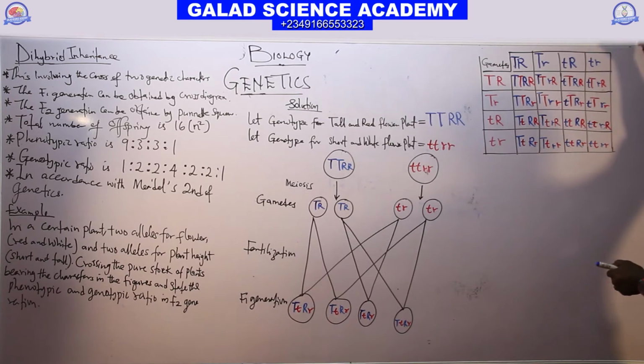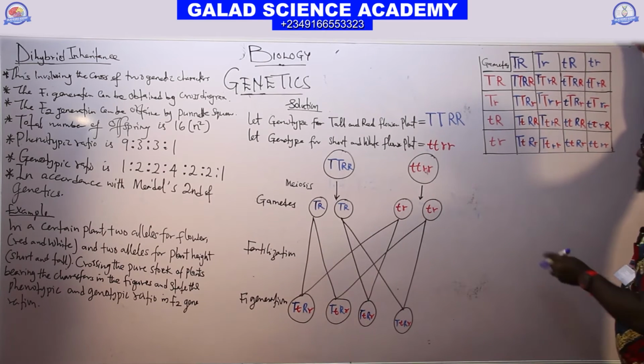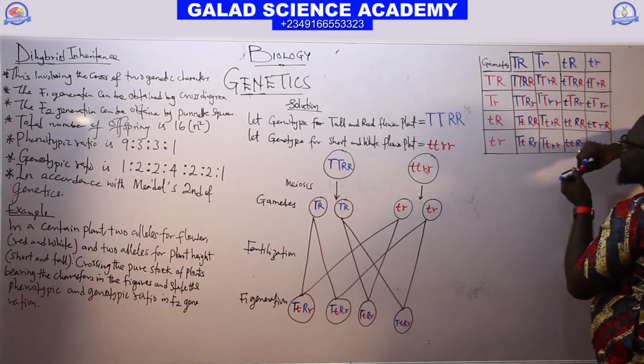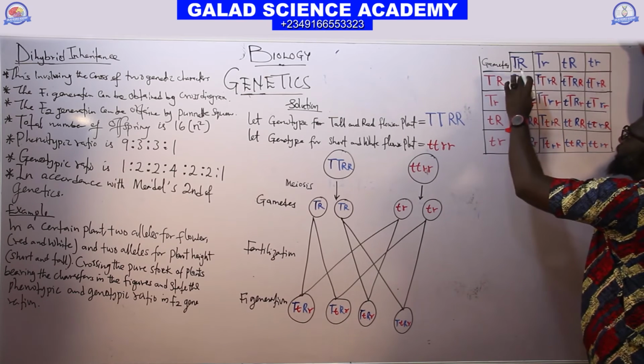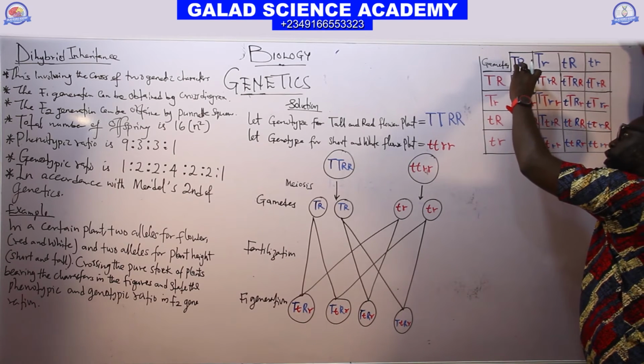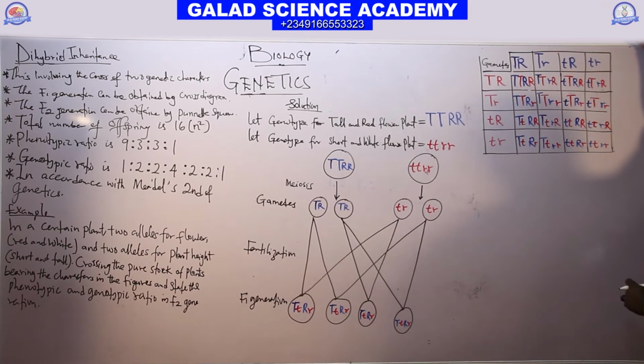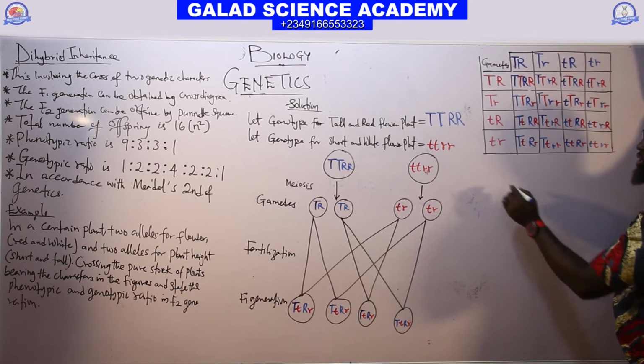If you look at all this now, the product we have here, let us check it. How many homozygous tall and homozygous red do we have?